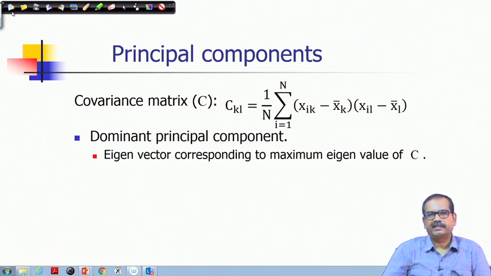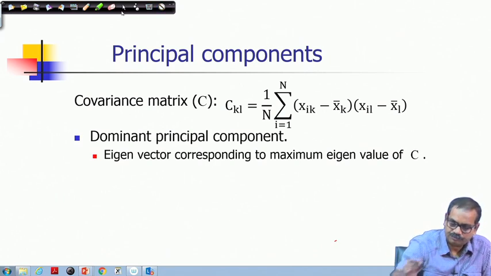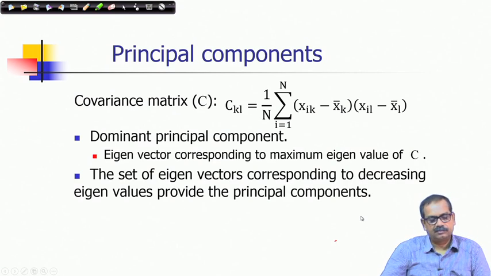So, all the eigenvectors, in fact, it can be shown that they provide the maximum variances along the residuals one after another. And so, the solution of this particular analysis, that is the set of eigenvectors corresponding to decreasing eigenvalues, provides the principal components.